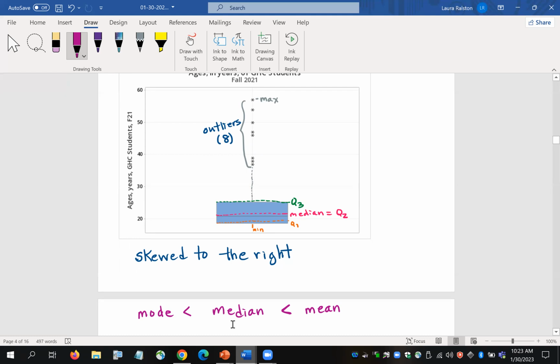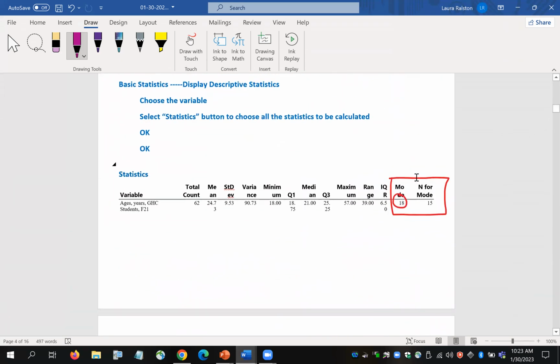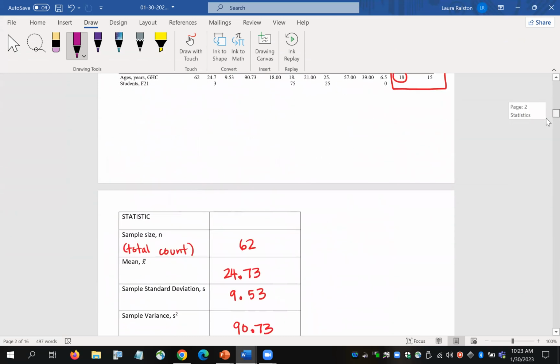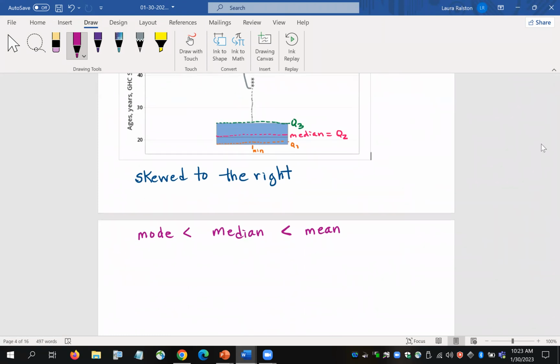If I go back and look at my descriptive statistics, my mode was 18, the median was 21, and the mean was 24.73. And if you'll notice, 18 is less than 21, and 21 is less than 24.73.